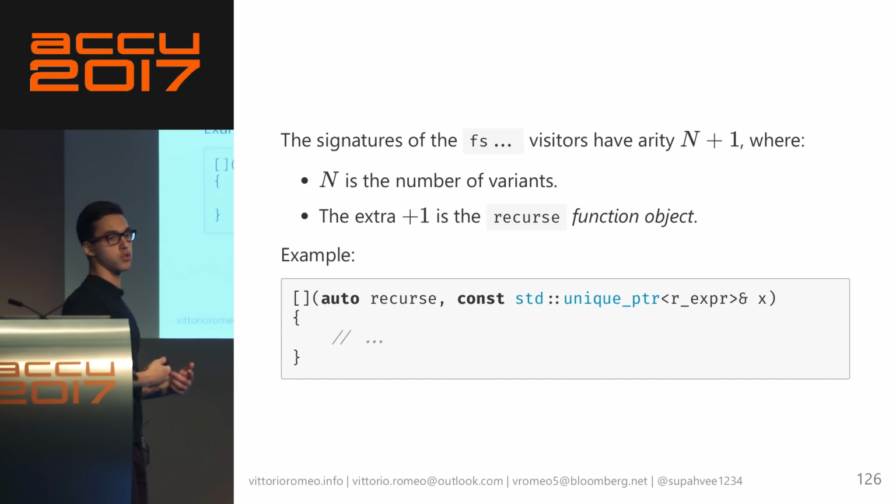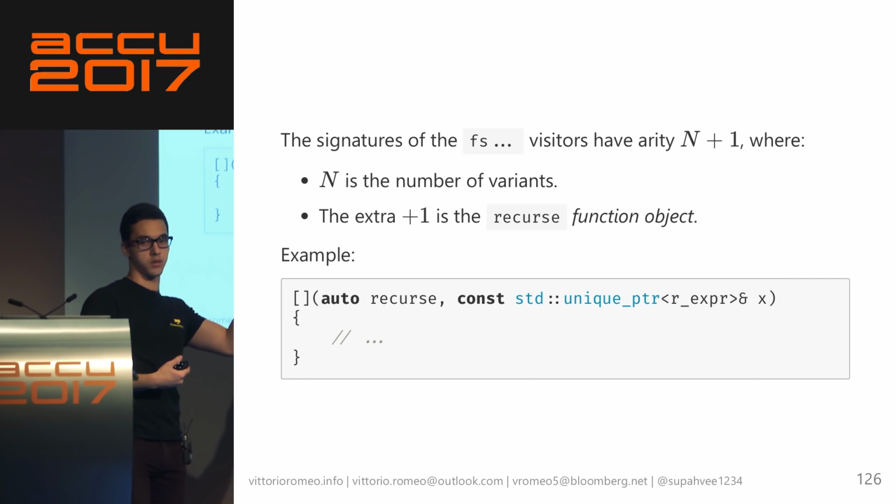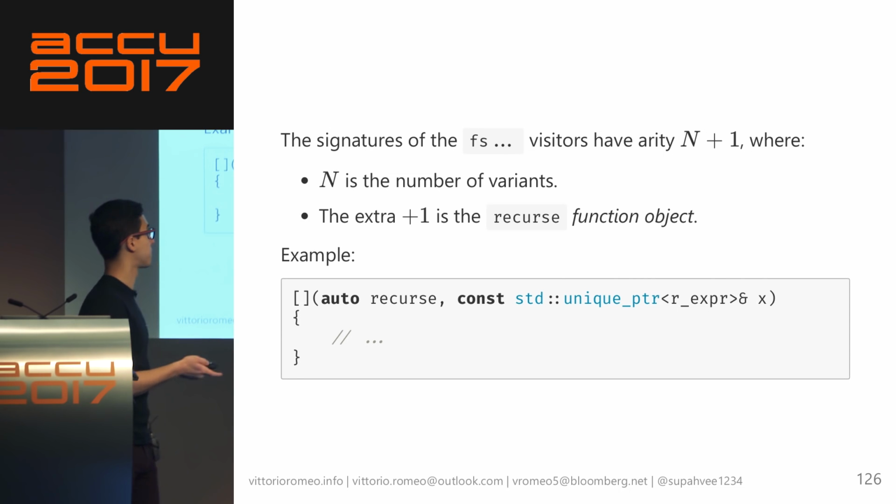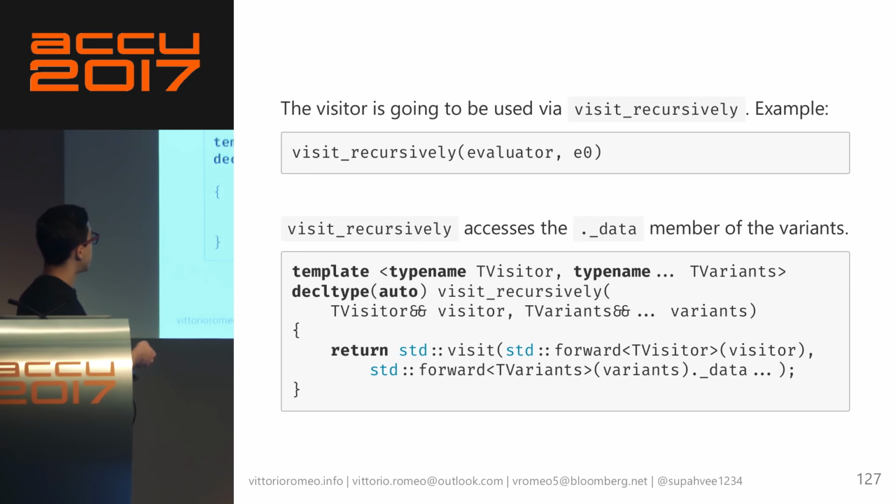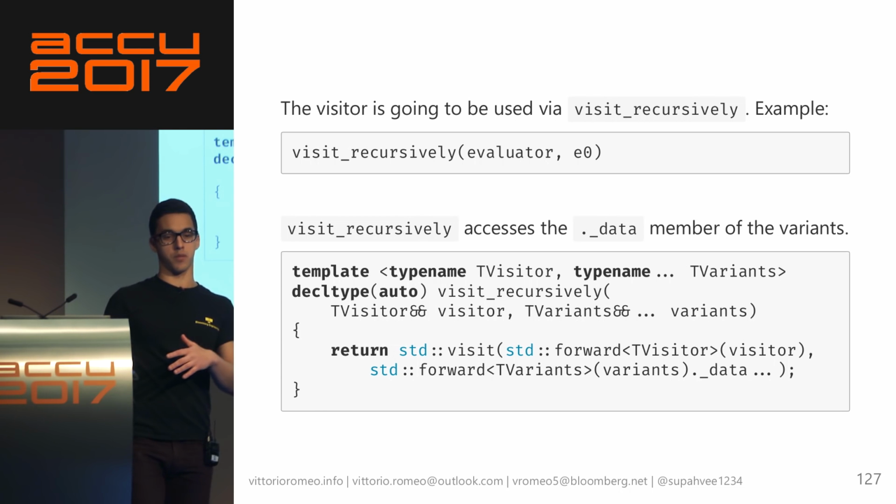So all the lambdas that the user will provide will have an extra argument that can be used to recurse. And the visitor is going to be used via visit recursively. So if we have something like an evaluator and an expression, we're going to use visit recursively to access the data member. So this is just a reminder of why we have this thing. It's just to abstract away the access of the data member.